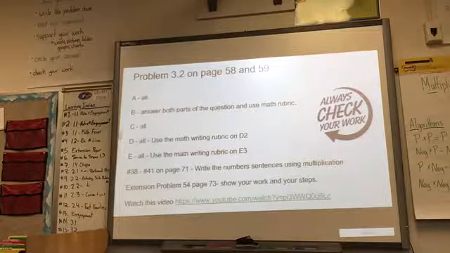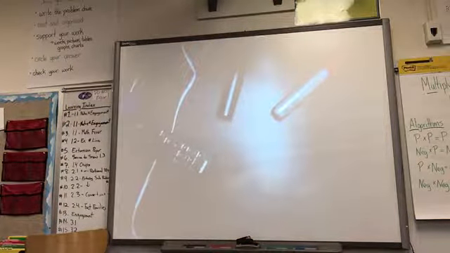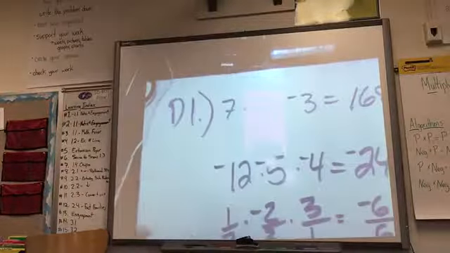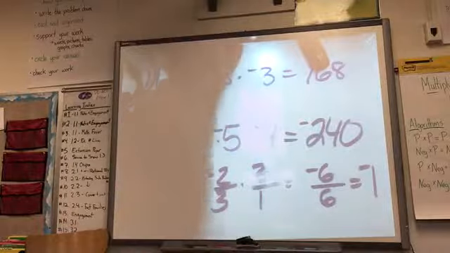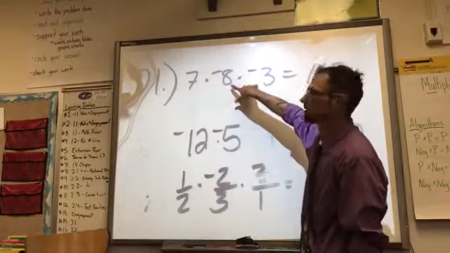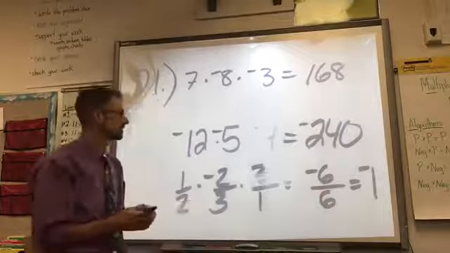Okay, let's go over D1 and D2. So first one, you notice I have the problem down. 2 negative factors, so we know that 2 negative factors makes a positive.